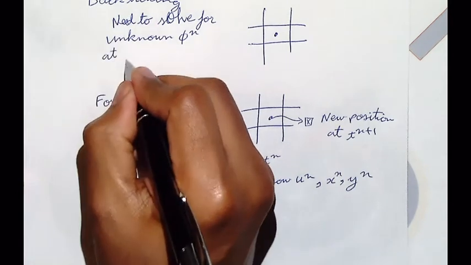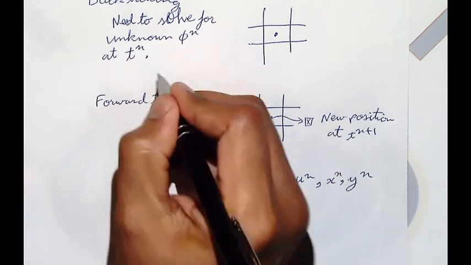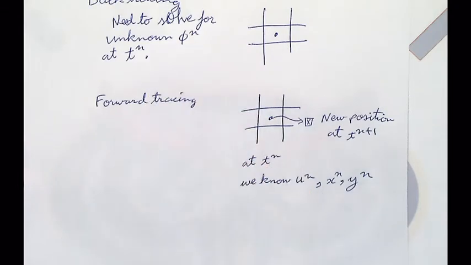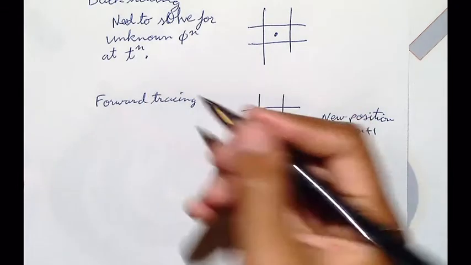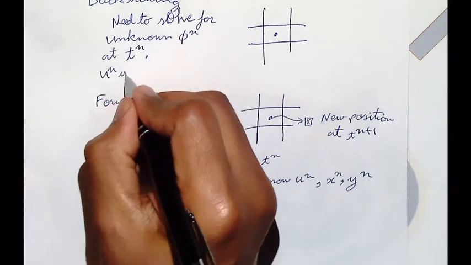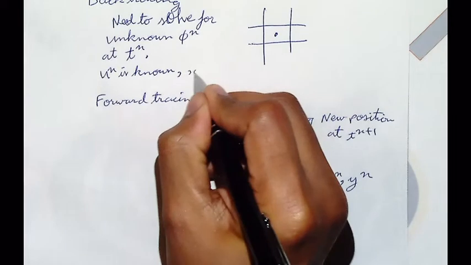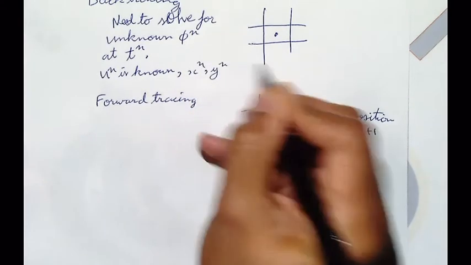At tn, un is known, xn is known, yn is known. What could we have done?